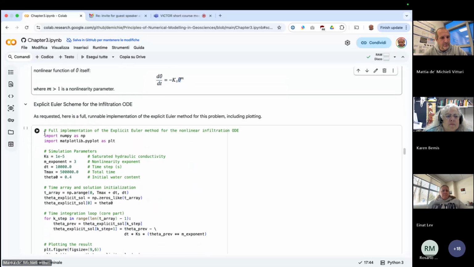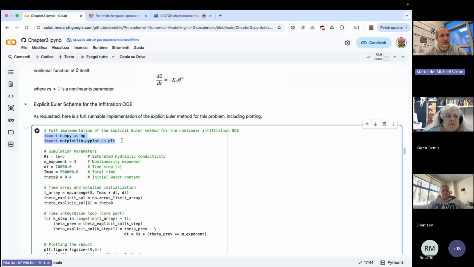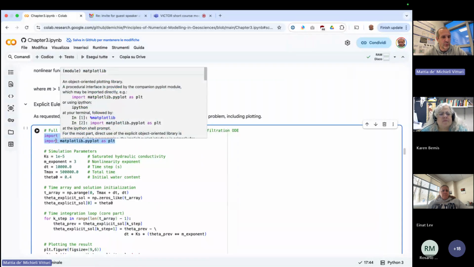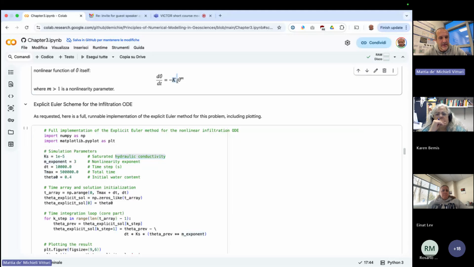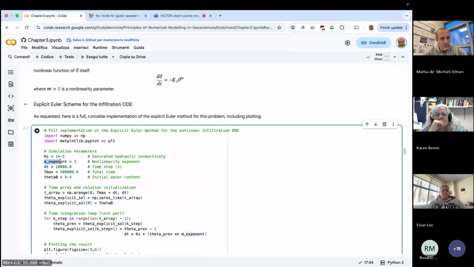So, new script, we import the libraries that we need, NumPy and matplotlib. We define here the parameters of the simulation. So we define the hydraulic conductivity, this parameter Ks. We initialize the exponent. In this case, the exponent is 3.